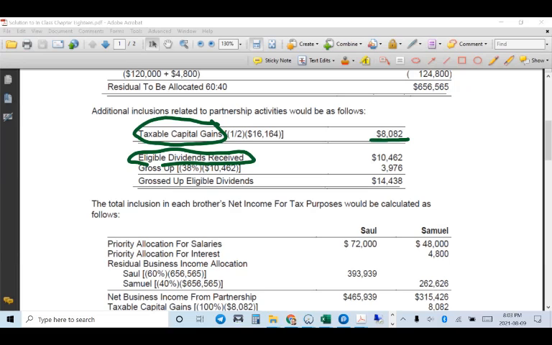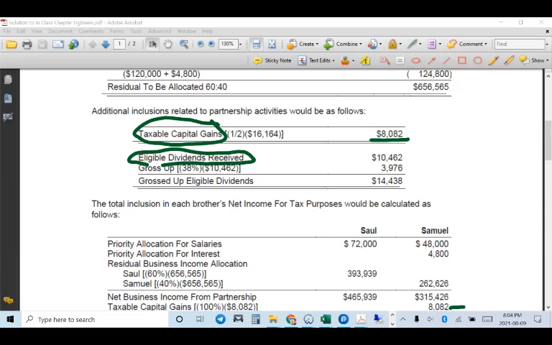Now, as per the partnership agreement, because there was a special portion of the agreement for capital gains, it read, as Samuel has contributed the majority of capital to the partnership, he will be entitled to all capital gains recognized by the partnership. So here we're just calculating what that taxable amount is. And then down below, we're giving all of that to Samuel.